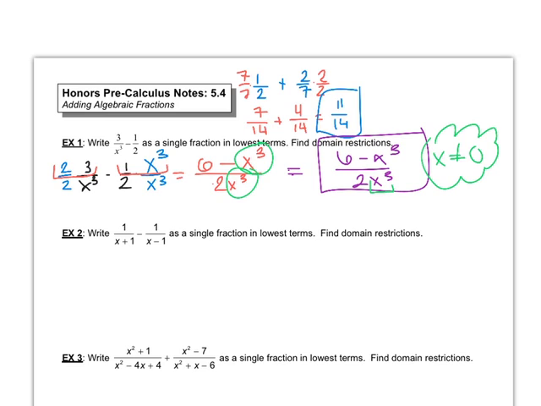Let's plug in an actual number for x, and you'll see why. Let's say I plug in 2 for x. That would be 6 minus 2 cubed over 2 times 2 cubed. So if I were to just cancel these out, what would that be then? Would that just be 6 minus 1 over 2, which is 5 halves?